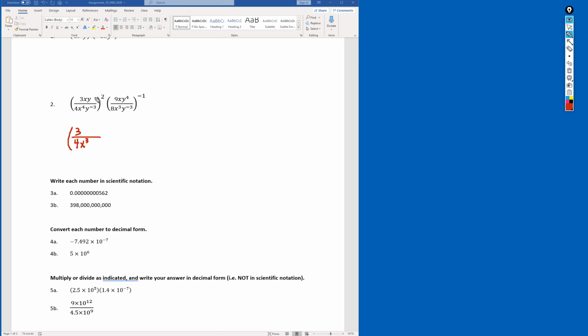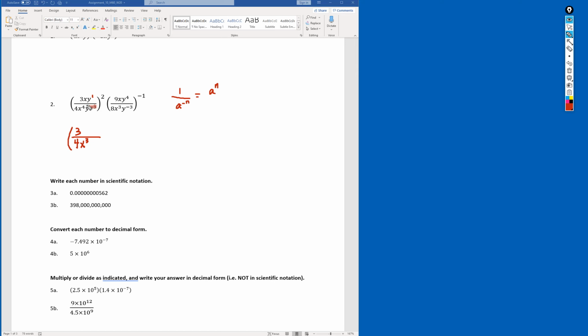So first of all, in the numerator, we have a y to the 1. In the denominator, we have a y to the negative 3. Now, if you recall from the negative exponent definition, if you have something like 1 over a to the negative n, you can just flip that up to the numerator, flip it upstairs, and make the exponent positive.